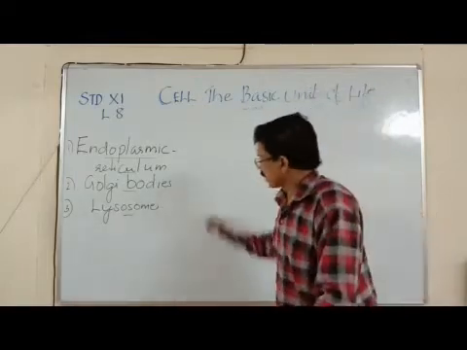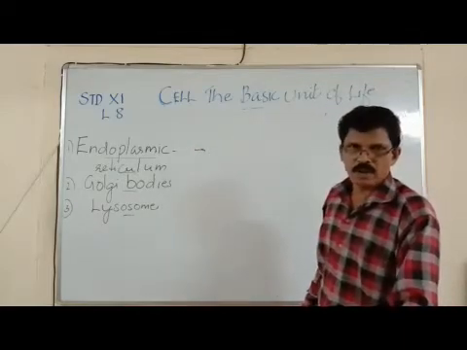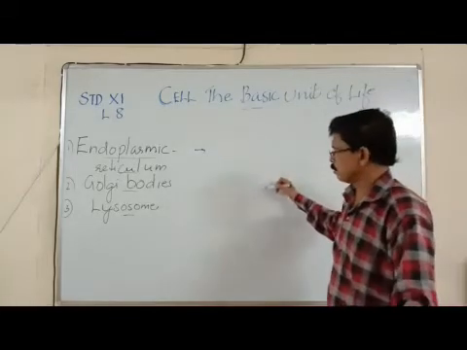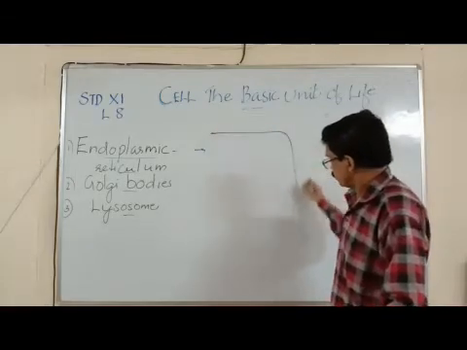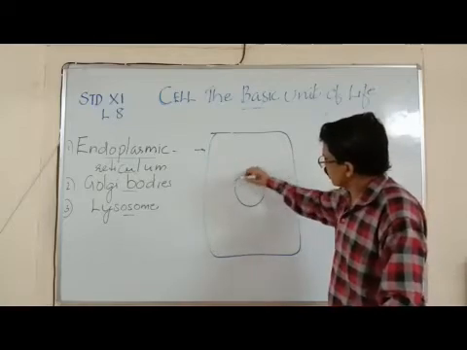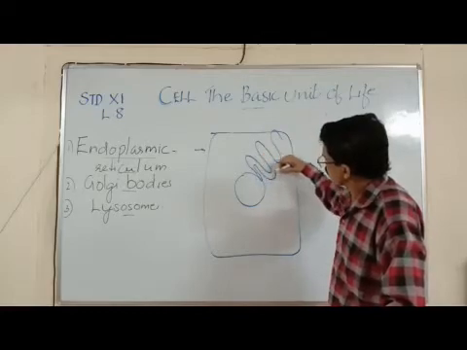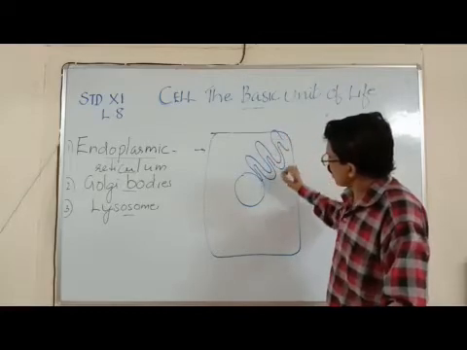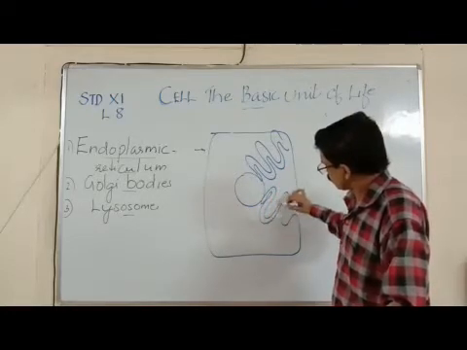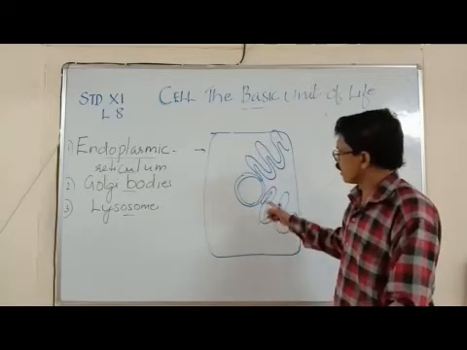So, the endoplasmic reticulum is a membrane bound network of interconnected tubes and sheets. Suppose this is the cell. Around the nucleus you can see the network of membrane bound interconnected tubes and sheets, starting from the nuclear membrane, because they originate from the nuclear membrane.